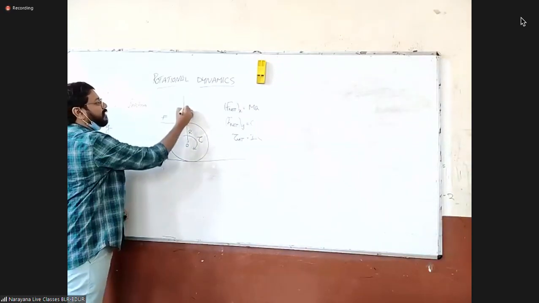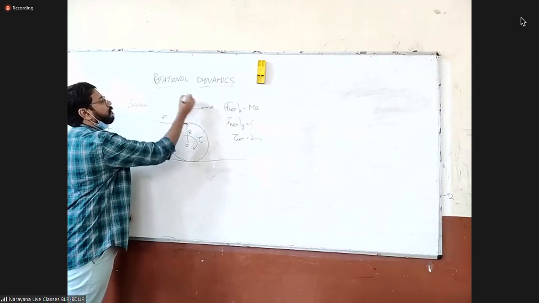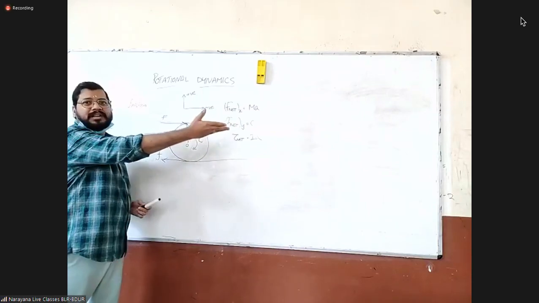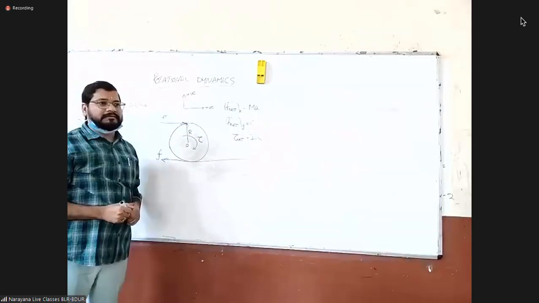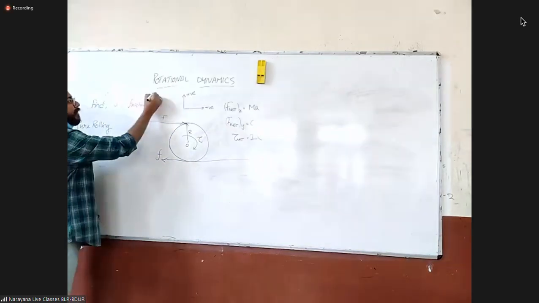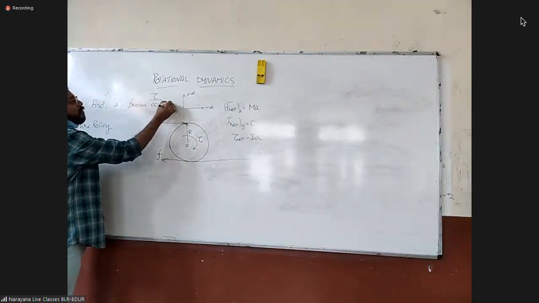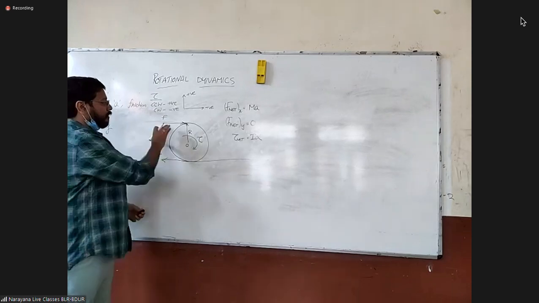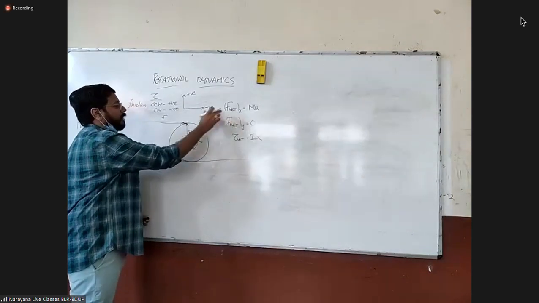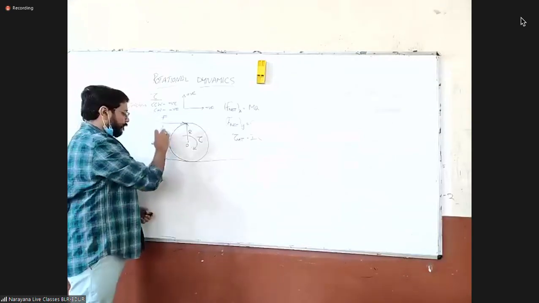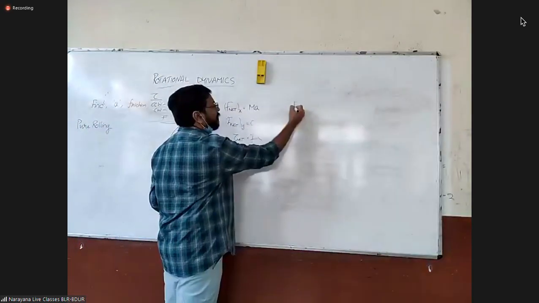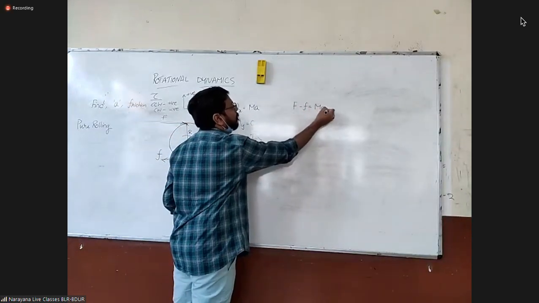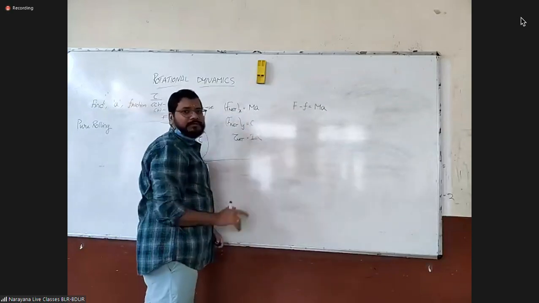What are your net external forces acting? So I'm taking my sign convention: right-hand side as positive, upward as positive. And for torque, counterclockwise as positive, clockwise as negative. Now tell me what are the forces acting in your x direction? F and frictional force. F is in the positive x direction. Frictional force is in the negative direction. F net x, I wrote the equation.